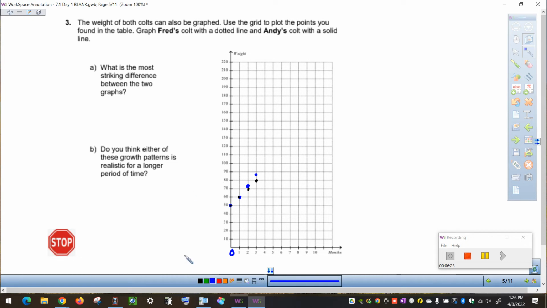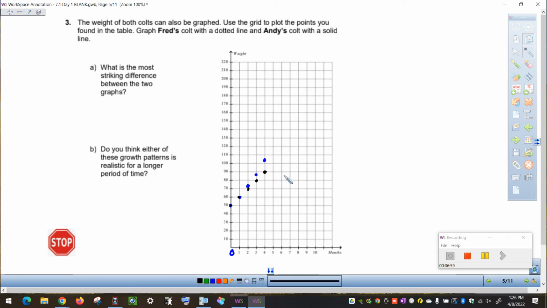Looking at the 4th month, Fred's is now at 90. And after the 4th month, Andy's was already at 103.7. Look, that gap is getting bigger.